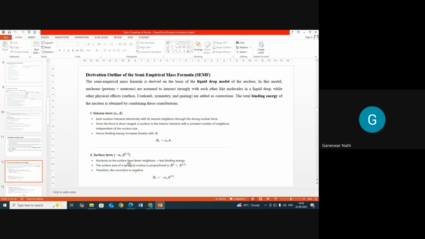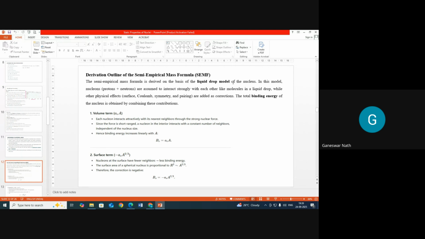The semi-empirical mass formula is derived on the basis of the liquid drop model. In the nuclear models there are the liquid drop model, the shell model, all of which we will discuss. In the liquid drop model, the nucleons, the protons and neutrons, are assumed to interact strongly with each other like molecules in a liquid drop.